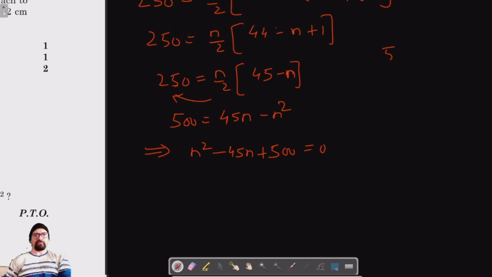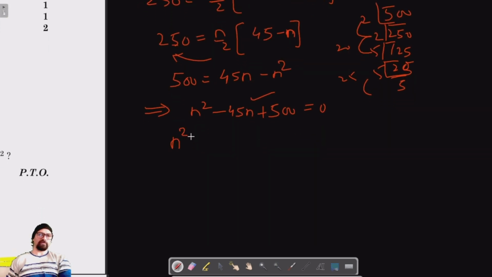Now, if we try to factorize 500 and solve this quadratic equation, 500 is 250 into 2, 125 into 2, 25 and 5. So the factors are 20 and 25.